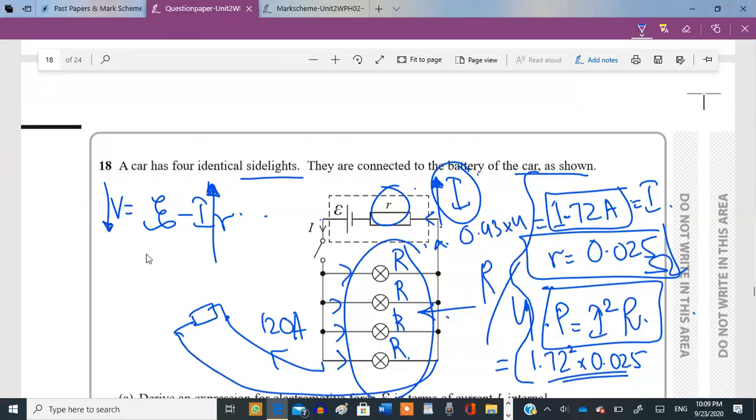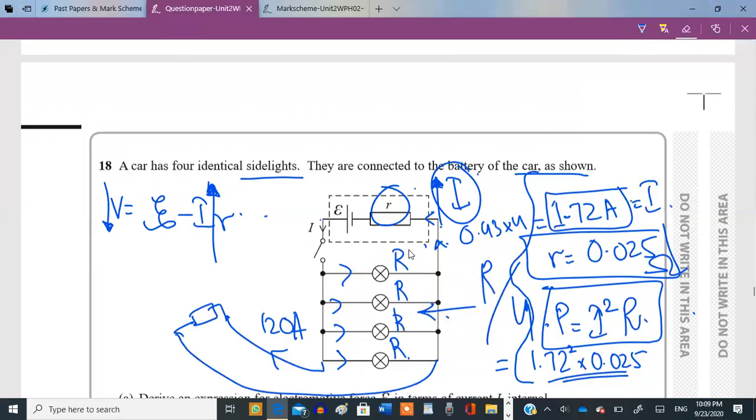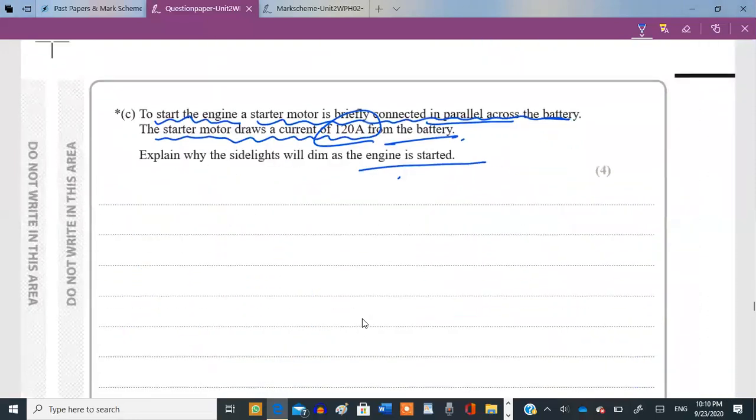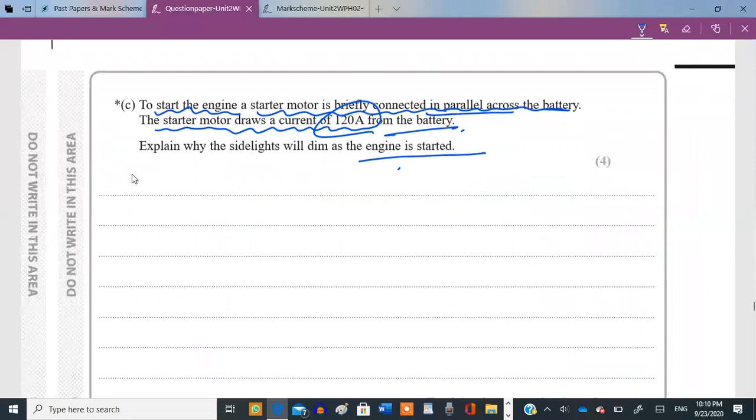Yes, it will fall because this is negative, right? So if it is falling, then the potential difference across these two terminals will decrease. And this potential difference is actually the potential difference across each of these bulbs. The potential difference across each of these bulbs will also fall, due to which they'll become dimmer. So more volts are lost in the internal resistance.